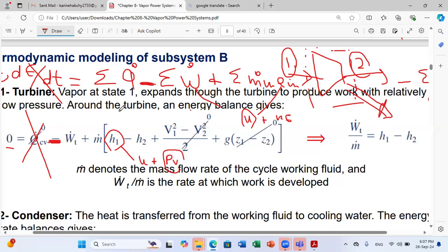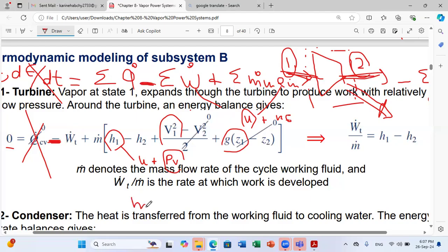So you have plus m dot in times h1 plus v1 square over 2 plus g z1. This is u plus pv, this is the kinetic energy, and this is gravitational energy. Now, since m dot inlet equals m dot out, from the continuity equation, from conservation of mass, because it's a steady state application, the mass flow rate coming in equals the mass flow rate coming out.